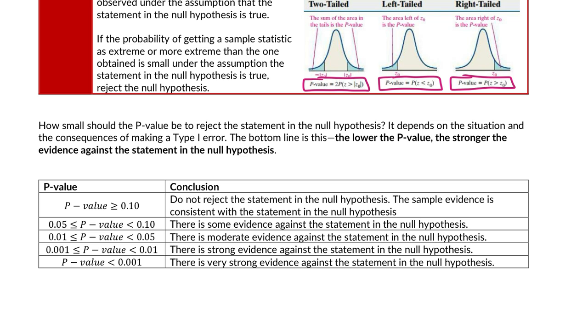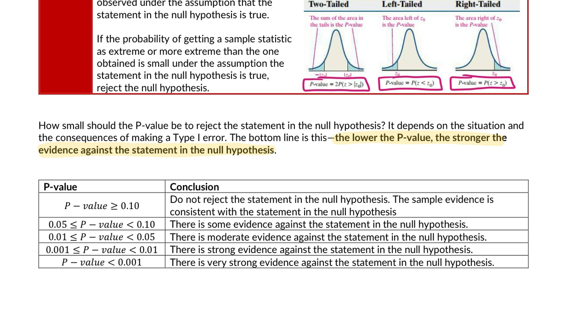The bottom line is this: the lower the p-value, the stronger the evidence against the statement in the null hypothesis, because it is more unlikely that we would get this sample statistic if the population proportion were something else. So the population proportion is probably wrong.